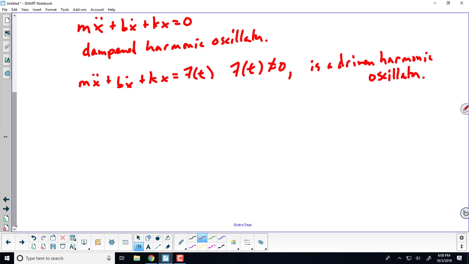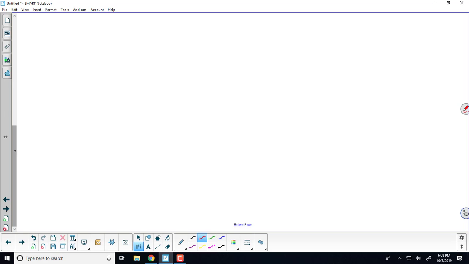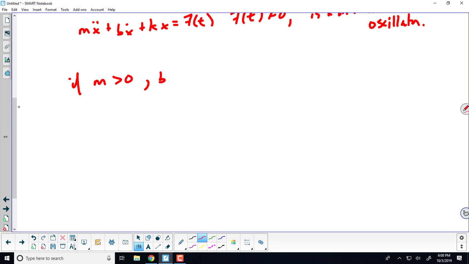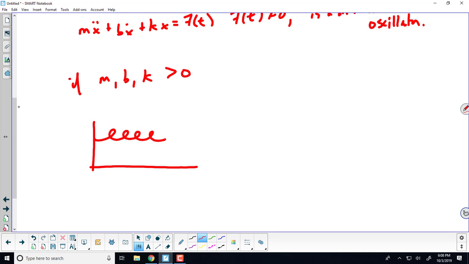Okay. So here's the picture that can always work. As long as m, b, and k are all greater than 0, you can always interpret a model this way, as you've got a spring affixed to a mass.